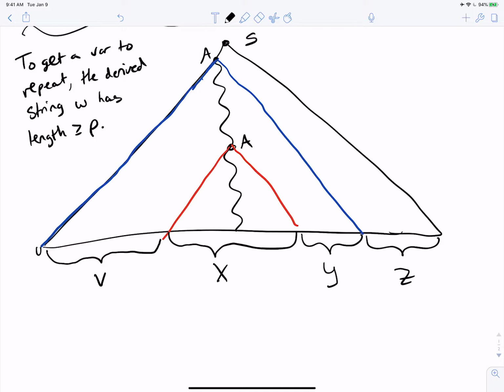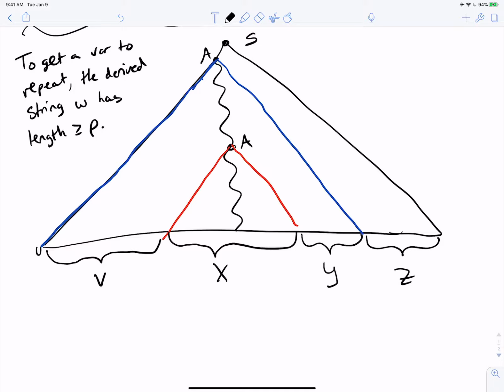Well, the part that we're mainly concerned about is the part that repeats. So if we look at the parse tree for the first occurrence of A, the big blue parse tree, the entire string right here has length exactly equal to p.